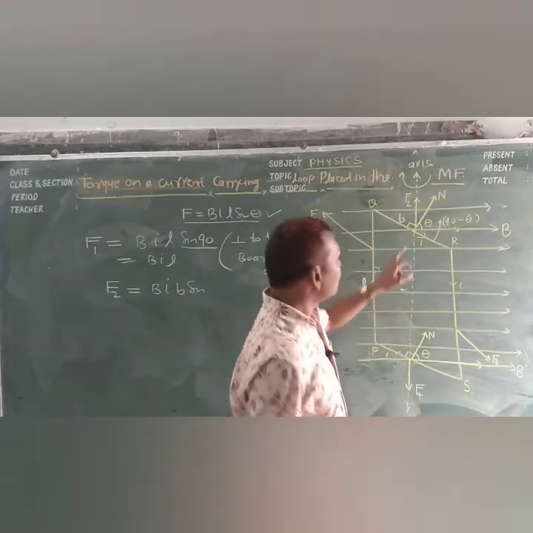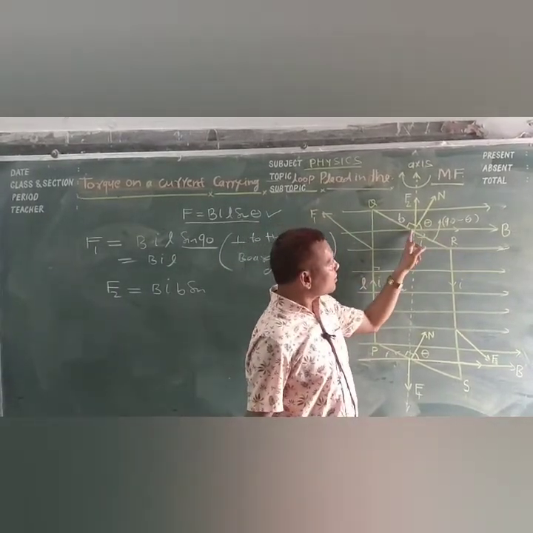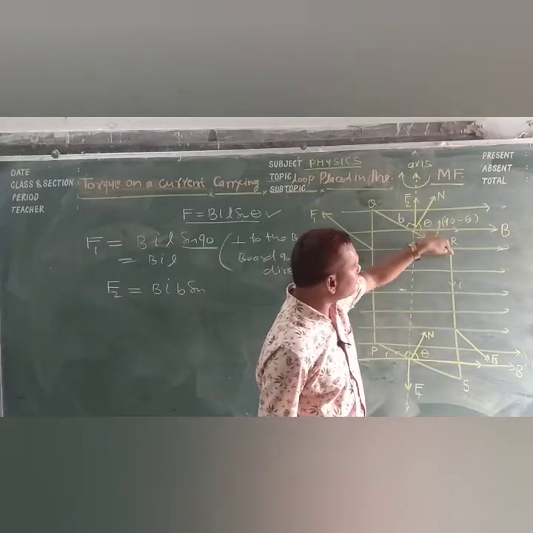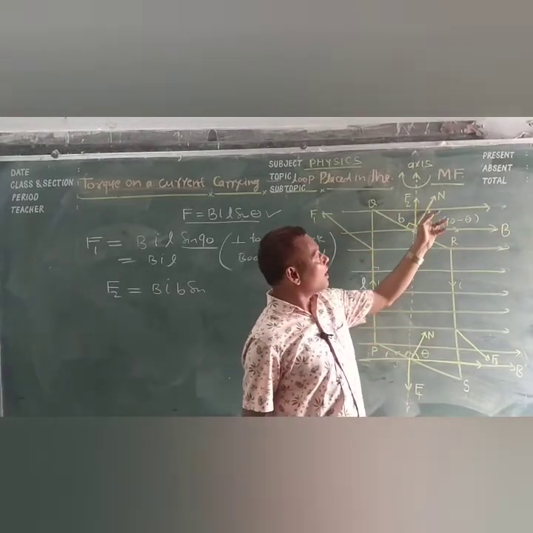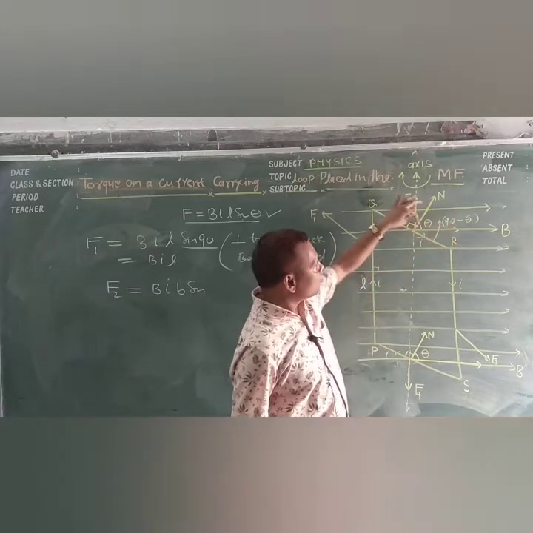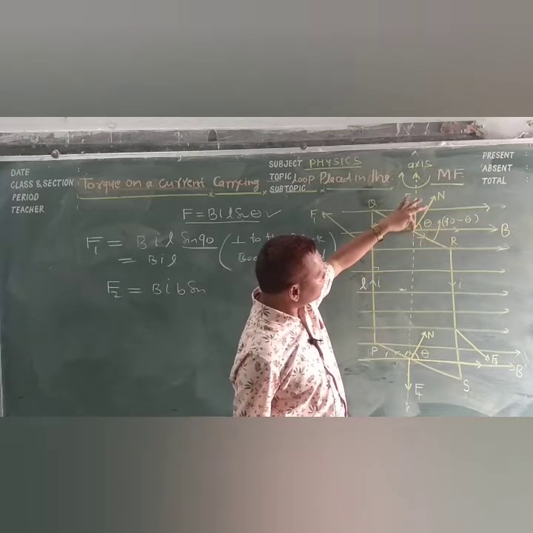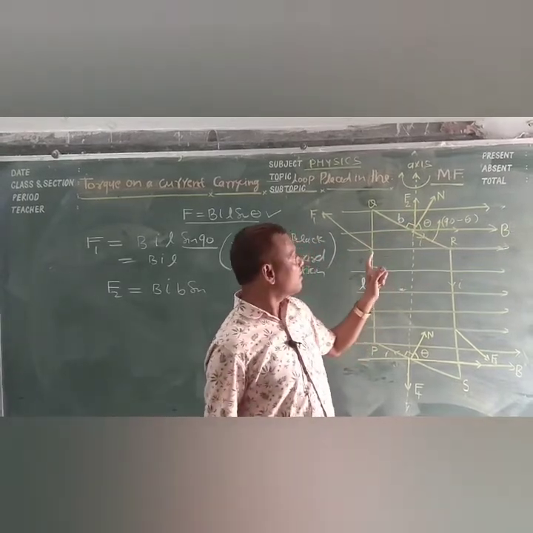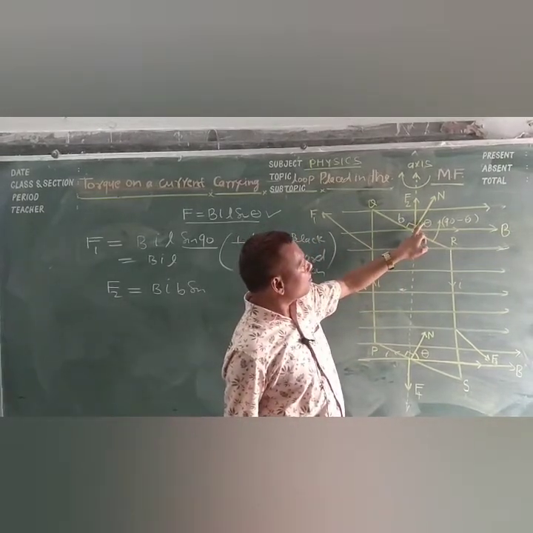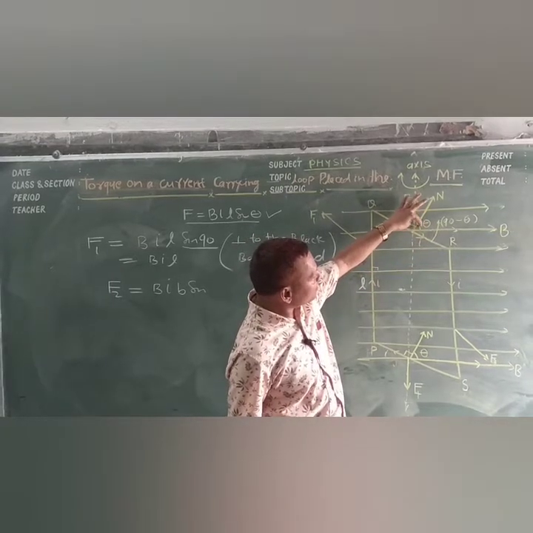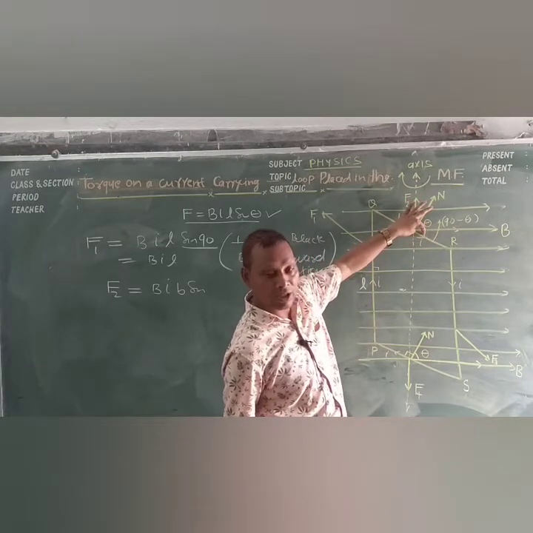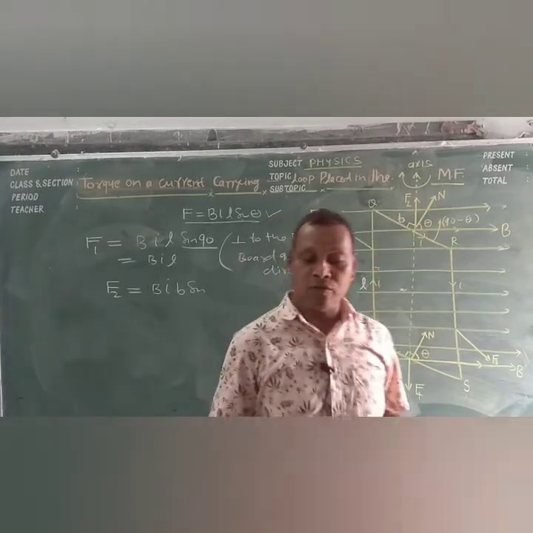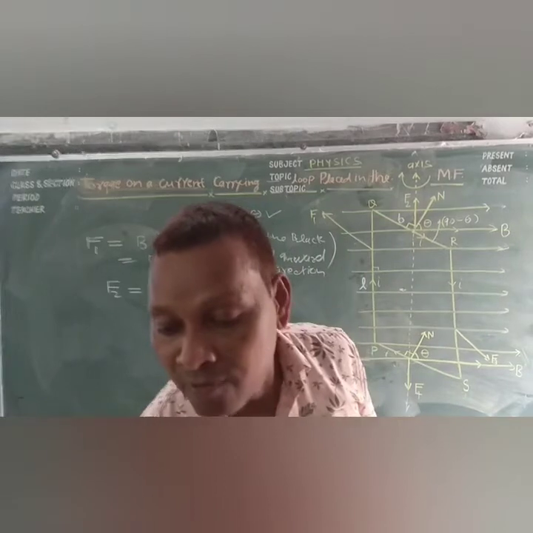So see this figure carefully. This is your magnetic field and this is your current, and this is your area vector. The area vector makes angle 90 degree with the edge of the coil. So this angle is theta and this complete angle is 90 degree, because the area vector is perpendicular to the plane of the coil.